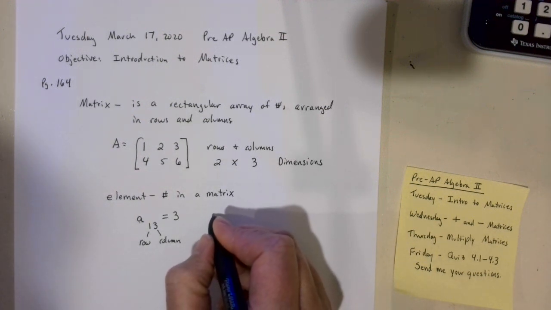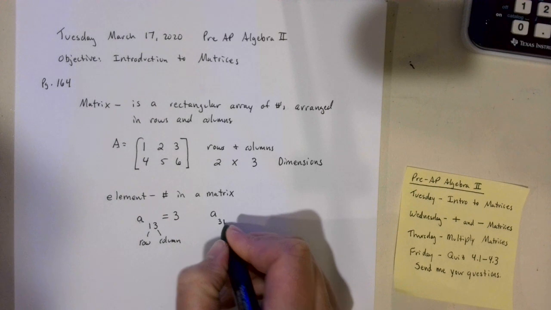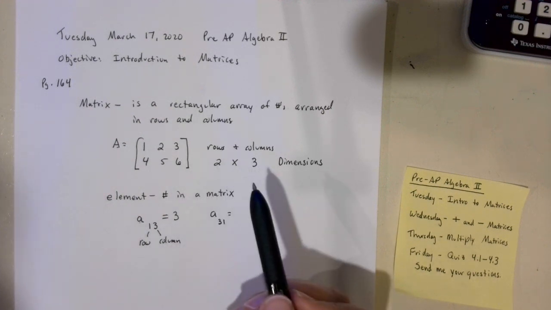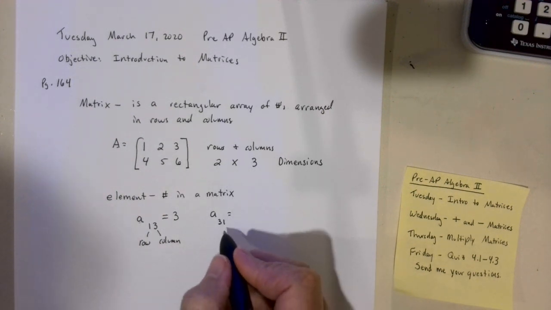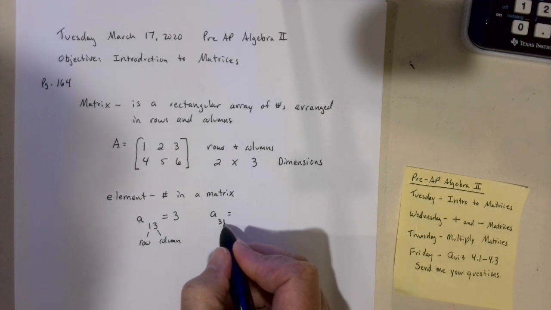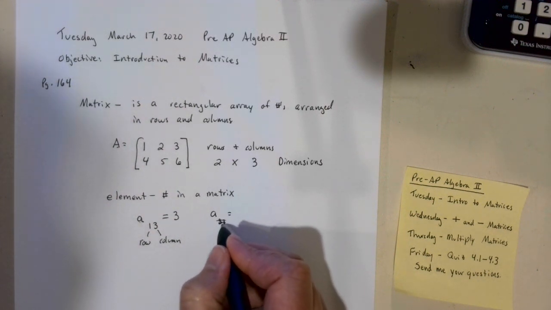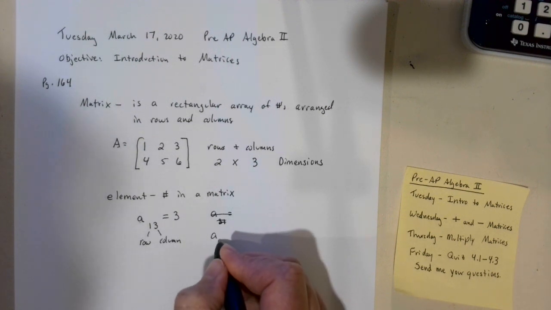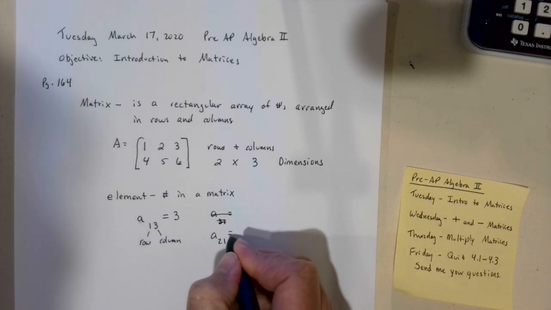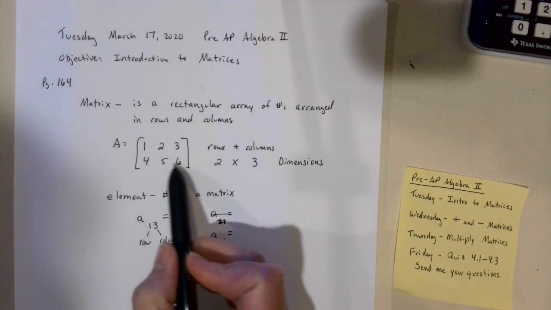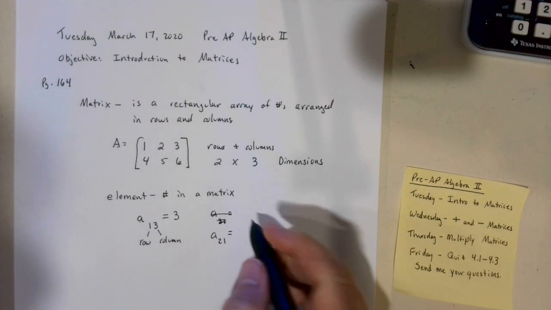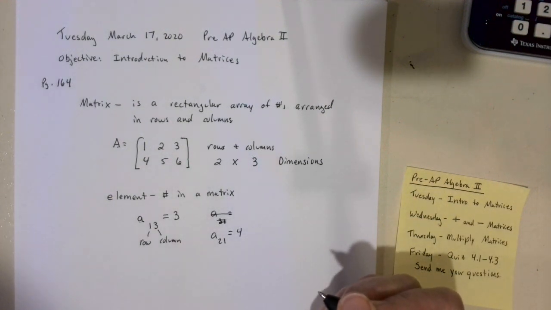If I want element A31, I'm talking about a number in row 3, column 1, which doesn't exist. So I'm going to switch that out, and talk about element A21. That's second row, first column, so that would be the number 4.